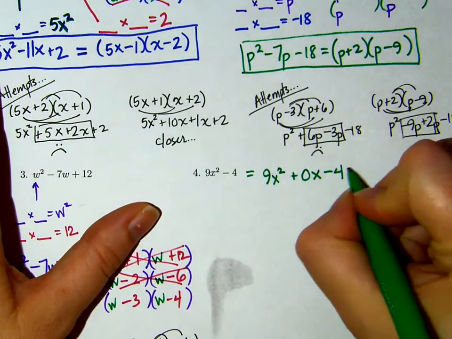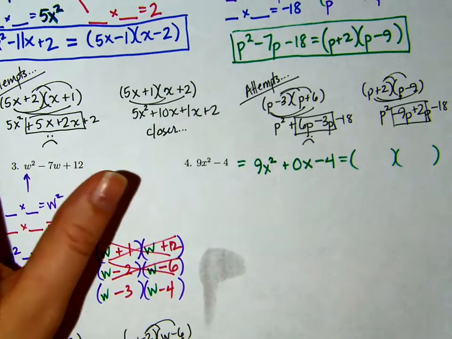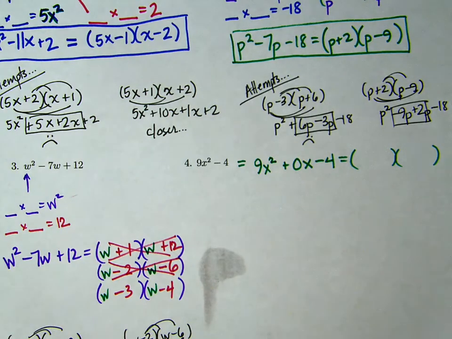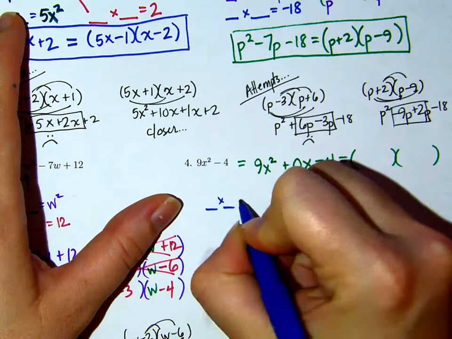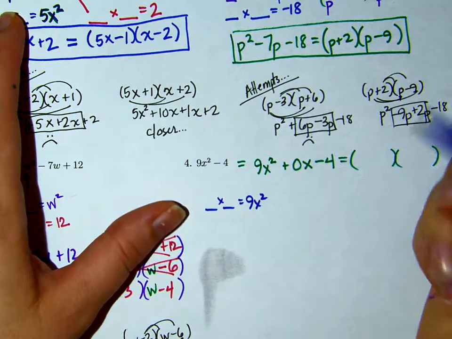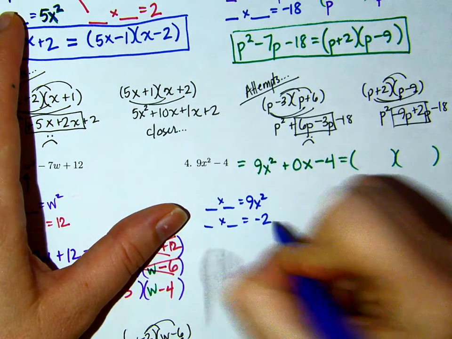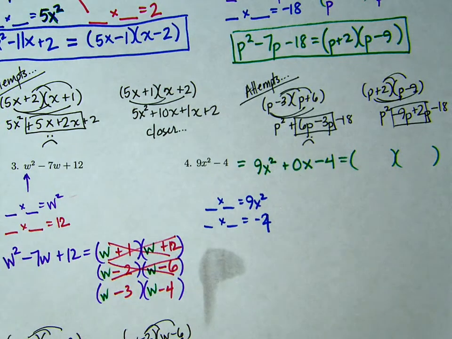And our job, of course, is to fill in these factors. Okay, I'm on it. So what by what equals 9x squared? And what by what equals -2? No, -4. Okay. Right.